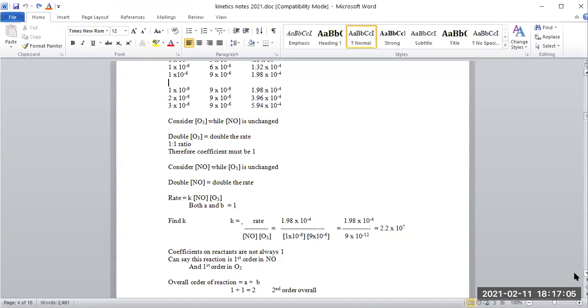My rate was 1.98 times 10 to the negative 4th. Each of my concentrations had a known value, 1 times 10 to the negative 6th and 9 times 10 to the negative 6th. Crunch the math. Finish your division. And we get 2.2 times 10 to the 7th.